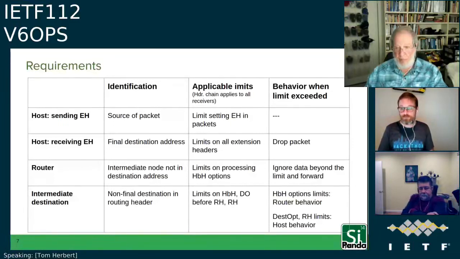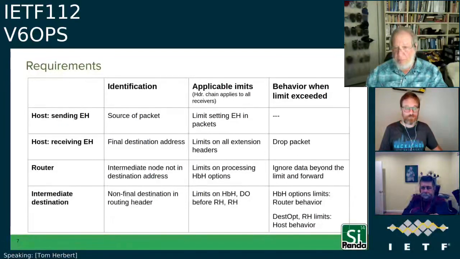RFC 8200, for instance, already mentions that packets should not be dropped. Extension headers, or hop-by-hop options, can be ignored. So we extend that a little bit to allow intermediate nodes to ignore some subset of hop-by-hop options. Basically an intermediate node could process the first, say, 8 hop-by-hop options and then ignore the rest. So that is a little bit different requirement than RFC 8200.